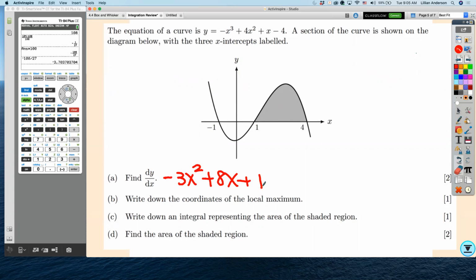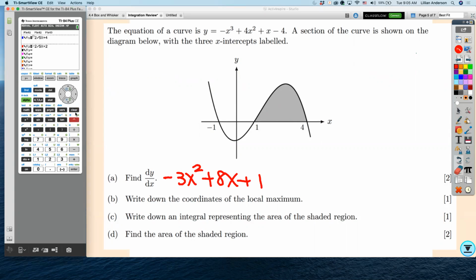Then you're asked to write down the coordinates of the local maximum. You can do that by setting the first derivative equal to 0, solving for x, and then plugging that value in. You can also find the maximum by plugging in the original function and then finding that maximum point. Using this as an opportunity to continue to review some older concepts, this is our function, a little bit skinnier than what we see there, but it is the function.